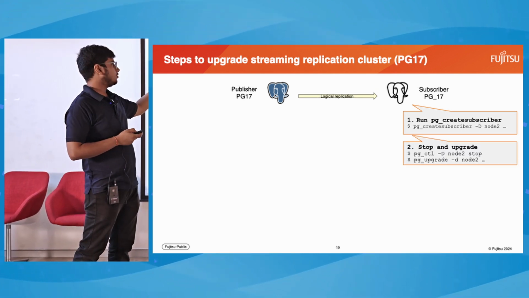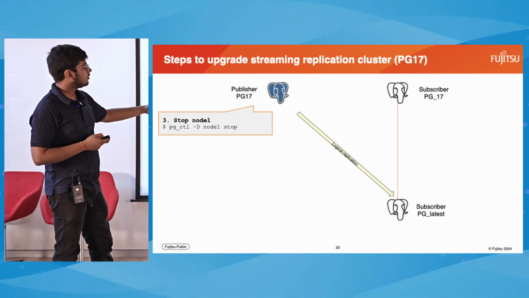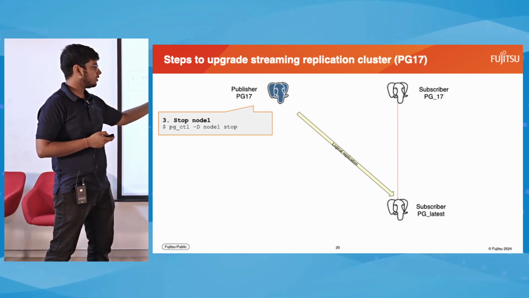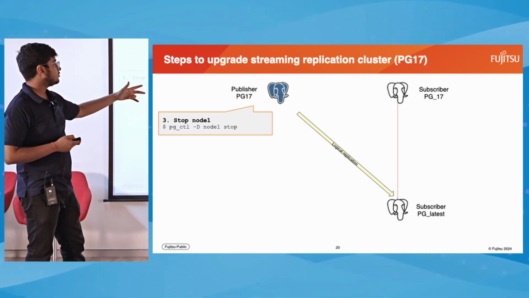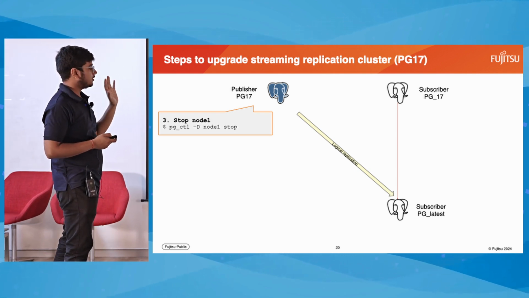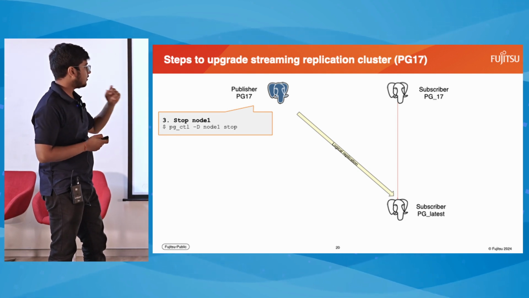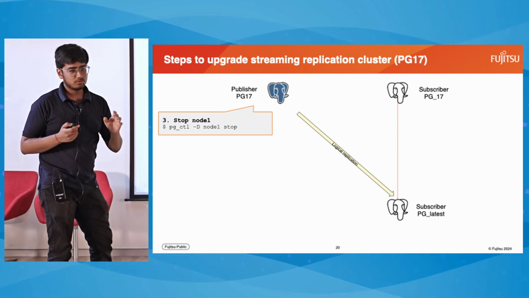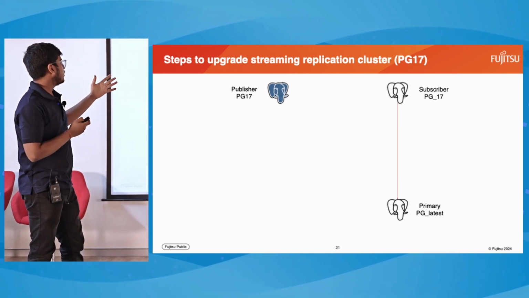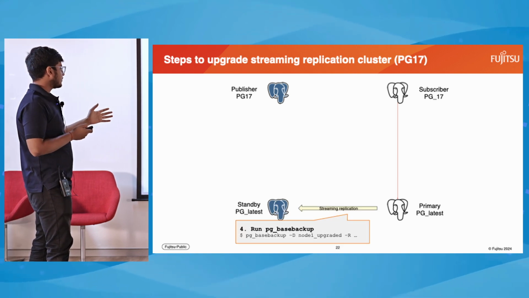Now we just need to stop node 2 and upgrade it. Once it is upgraded, since the pg_subscription_rel data is preserved, we don't have to do additional steps, and the logical replication is still there. So node 2 is upgraded from PG17 to the latest PG version.